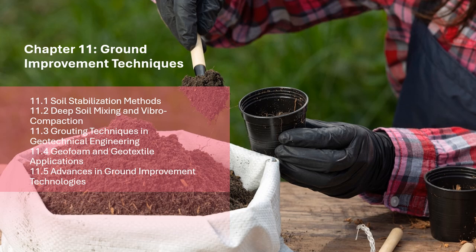Columns or slabs formation. The soil and binder mixture creates columns or slabs, also known as soil cement columns, within the soil mass. These columns serve as the improved, load-bearing zones that reinforce the overall ground structure.